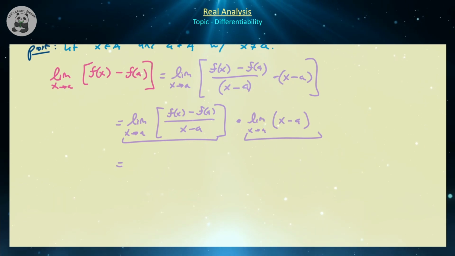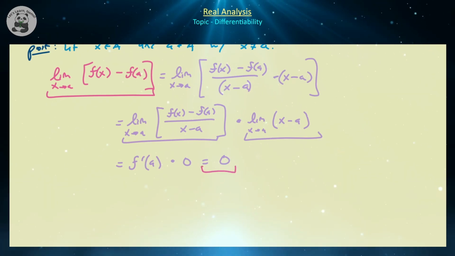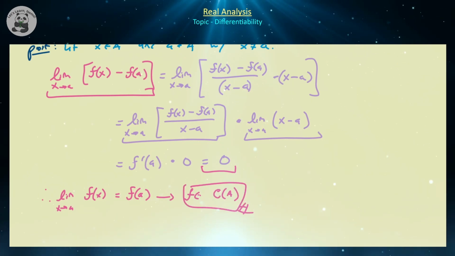So that means this is going to be equal to f prime of a times 0, which is equal to 0 regardless of what the derivative of f at a is. So we have that the limit as x approaches a of f of x minus f of a is equal to 0, which means that the limit as x approaches a of f of x is equal to f of a. So that means that f is also continuous on A, and that completes the proof.